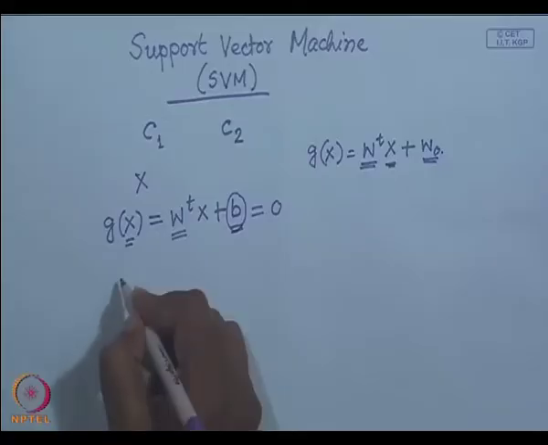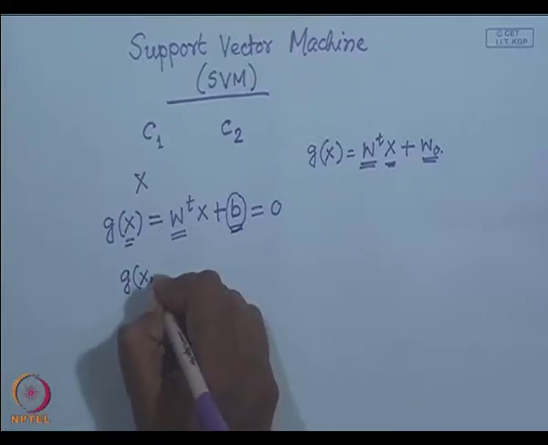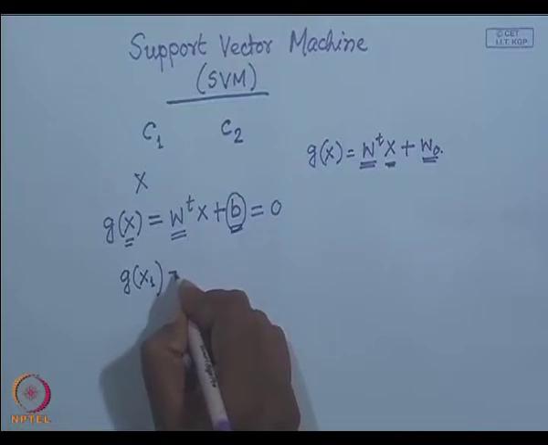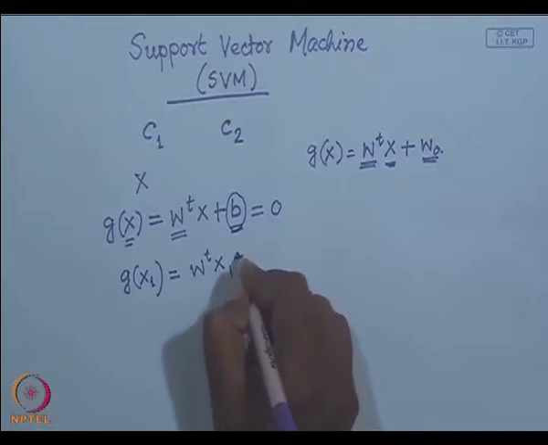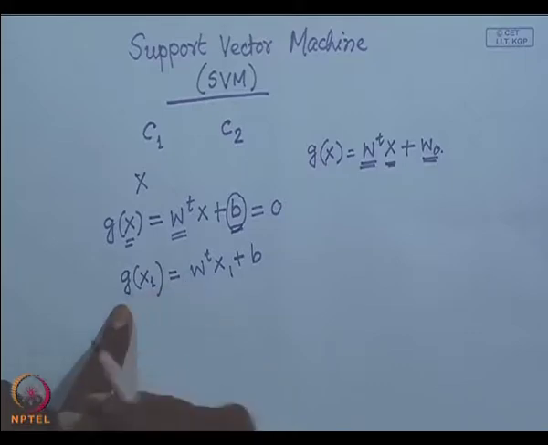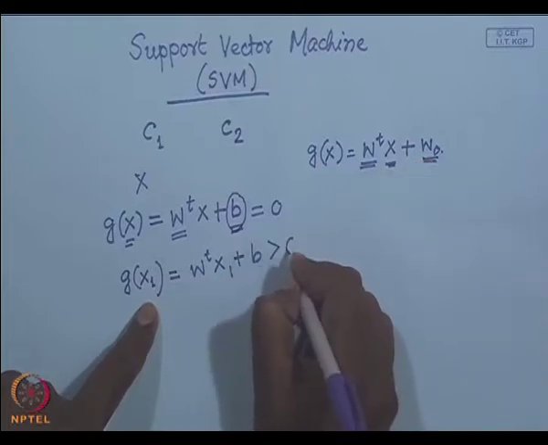Let us take a specific vector, say x 1, the first vector, for which g of x 1 will be equal to w transpose x 1 plus b. If this x 1 is on the positive side of the hyperplane, then w transpose x 1 plus b will be greater than 0.